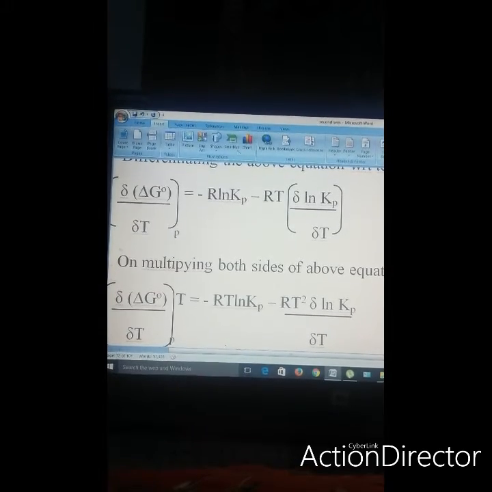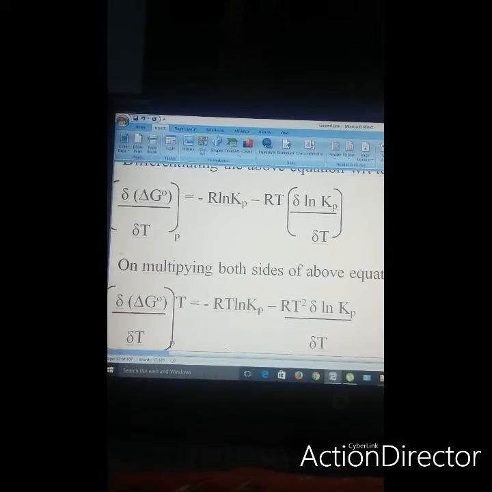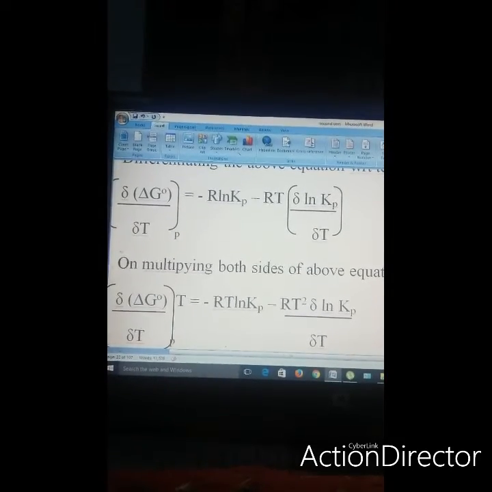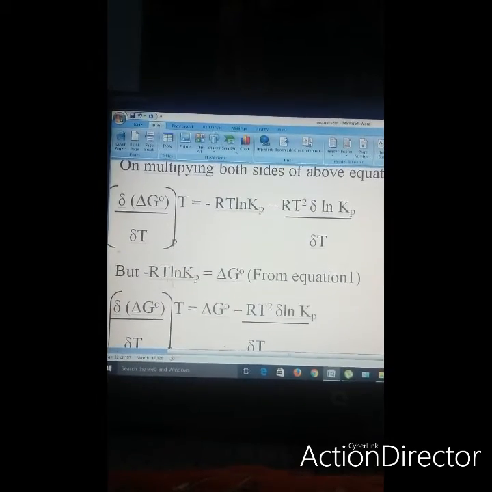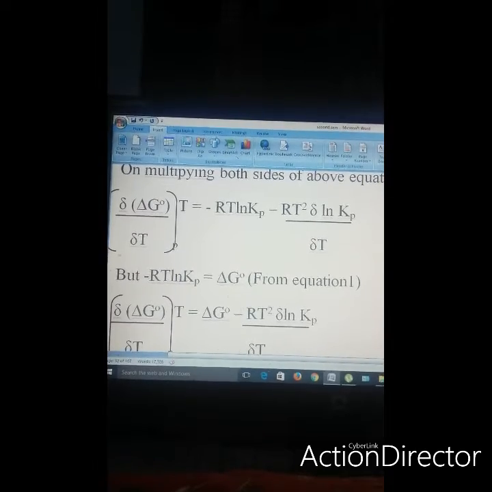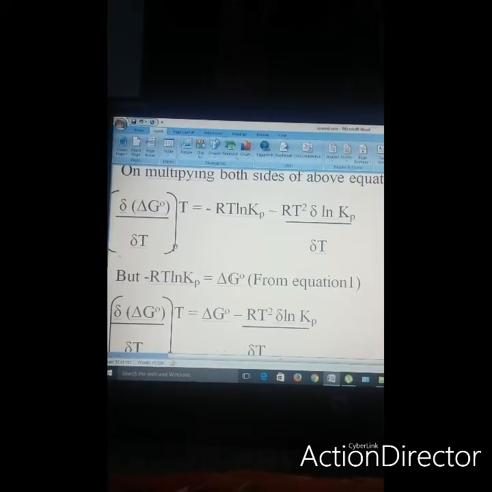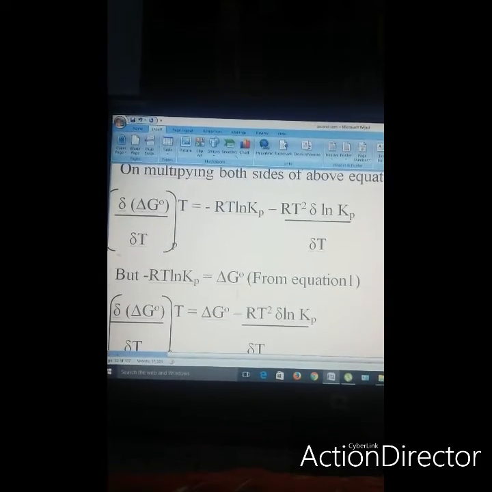So multiplying both sides of the above equation by T, this side also T, and this whole equation also I am multiplying by T. But you know that minus RT natural log Kp is nothing but delta G naught. This we have already discussed. So wherever there is this expression, you will be replacing it with minus delta G naught.